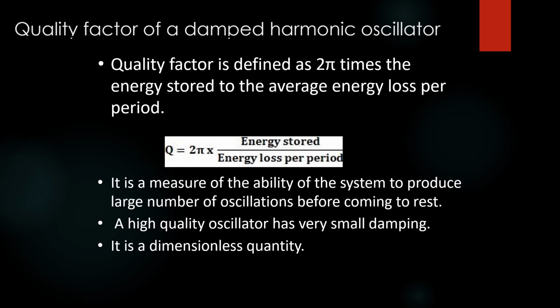Actually, this quality factor is a measure of the ability of the system to produce a large number of oscillations before coming to rest. So if an oscillator has a high value for quality factor, it means that it will oscillate for more time before coming to rest. A high quality factor has very small damping, and also it is a dimensionless quantity.